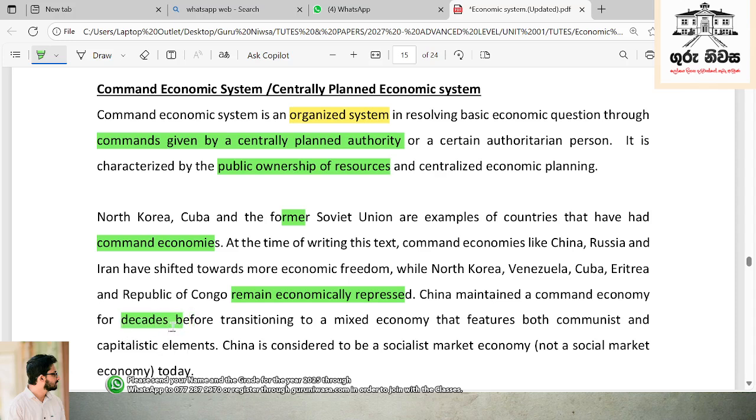Yes, that's why I told you China had been using a command economy for decades, but no longer, before transitioning to a mixed economy that features both communist and capitalist elements. China is considered to be a socialist market economic system. I'll explain this point later on.